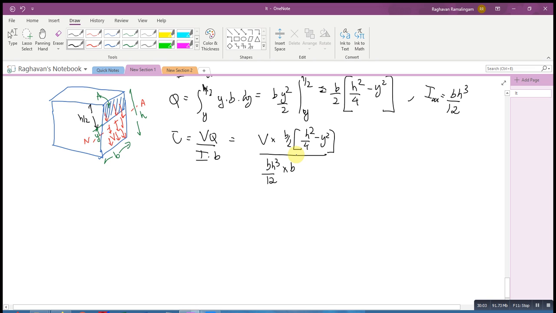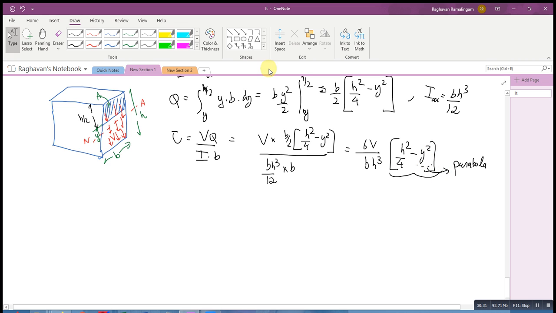Simplifying this, we get 6V by bh cube into h square by 4 minus y square. Since it is y square, this means this is a parabola. This expression is the expression for a parabola.